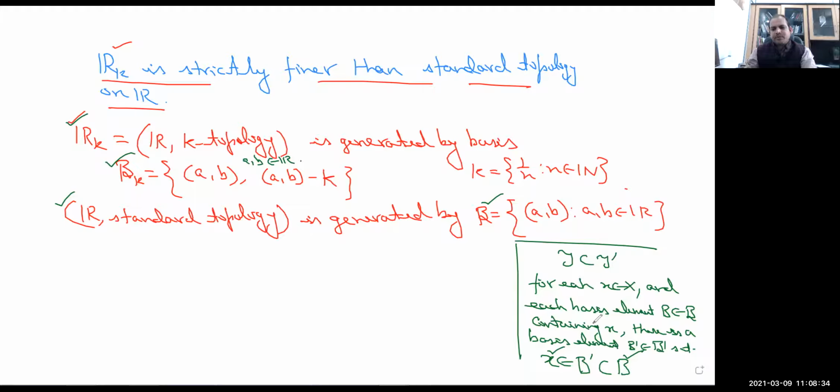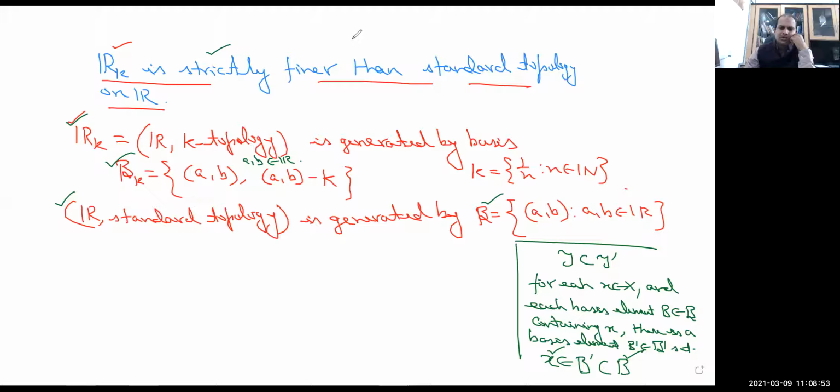Then if this happens, the topology generated by the basis containing members of type B dash is going to be finer than this one. Then we will see that T dash is strictly finer than T.